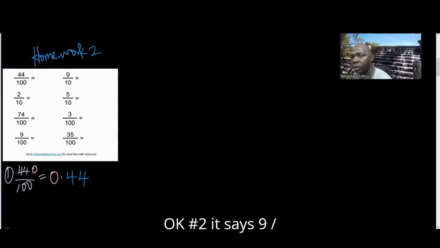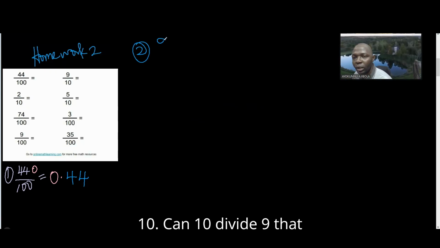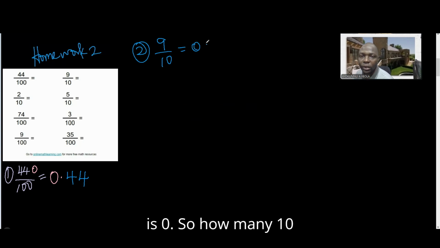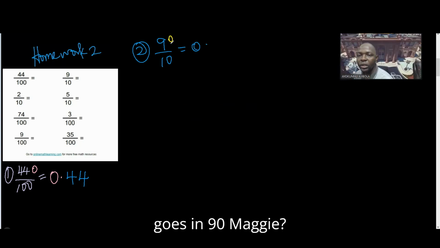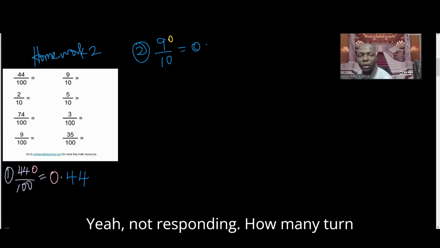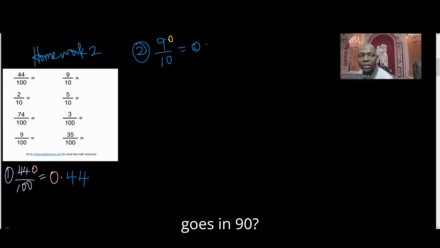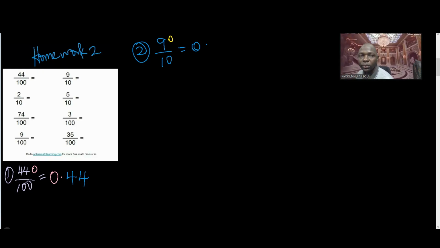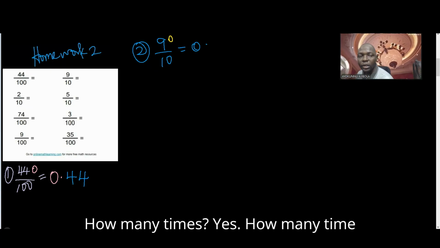Okay. Number 2. It says 9 over 10. Can 10 divide 9? That is 0. So how many 10 goes in 90, Miggy? You're not responding. How many 10 goes in 90?